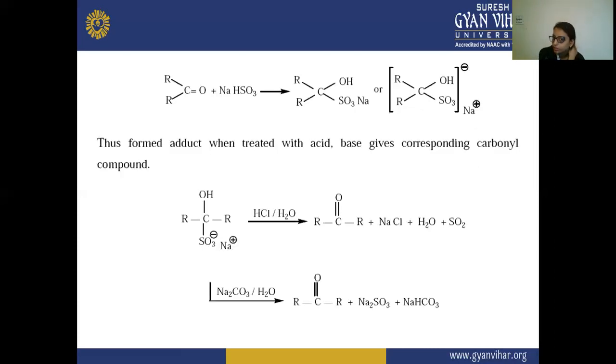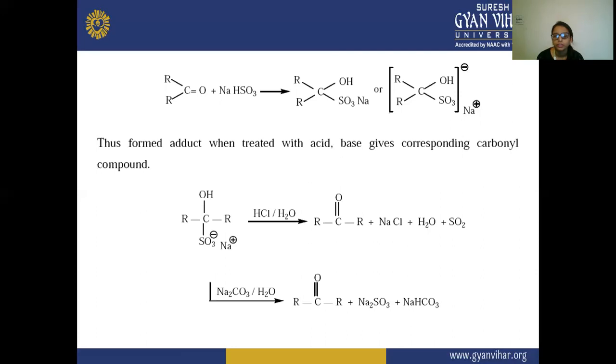Now here you will see this ketone is reacting with sodium bisulfite, or sodium hydrogen bisulfite. The NaSO3 group adds to this carbon, and this hydrogen is removed.